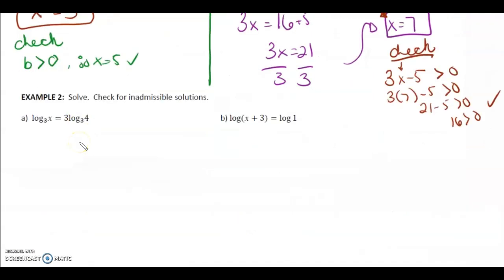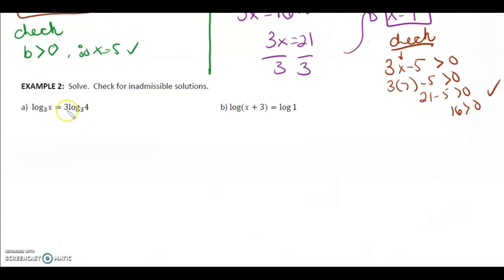All right, example 2, solve and check for inadmissible solutions. So we have log base 3 of x equals 3 log base 3 of 4. Okay, first what I'm going to do is bring this 3 back up. So we're going to have log base 3 of x equals log base 3 of 4 to the 3.